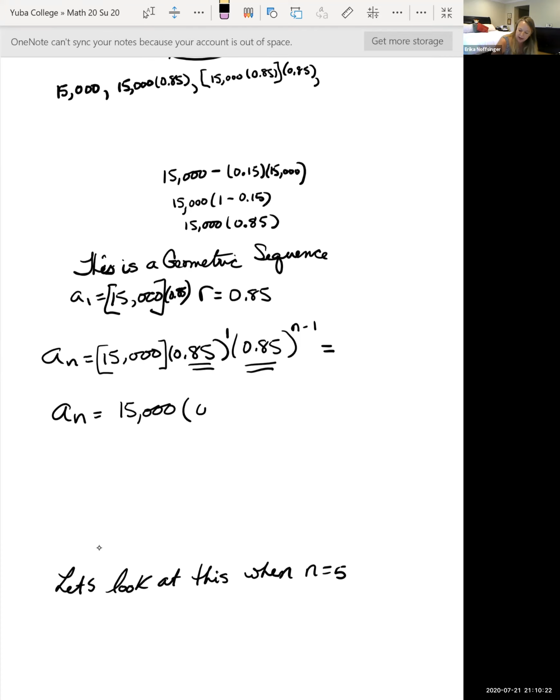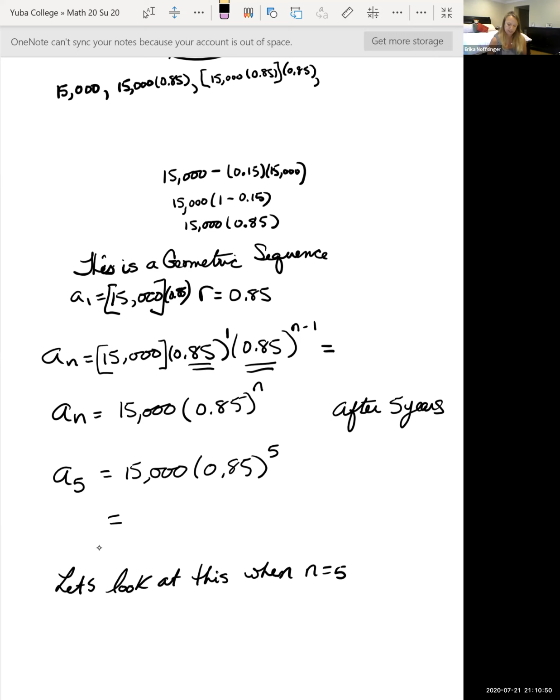We were adding our exponents, 1 plus n minus 1, so that just gave us the nth. So now when we look at a sub 5, so after 5 years, this is 15,000 times 0.85, all raised to the 5th power. Which, if you do that, you get $6,655.58.